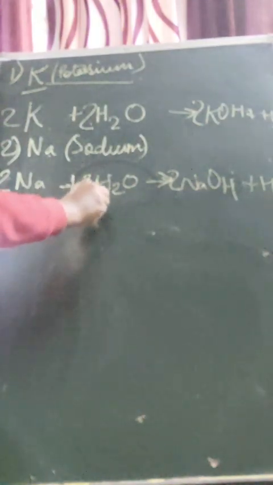So I have written it wrong in order to explain to you all. Instead of this, it will be this. Again, same balance. Now sodium on reaction with cold water produces a golden yellow flame, and again bubbles of hydrogen are seen. This was first, this is second, now third is calcium.